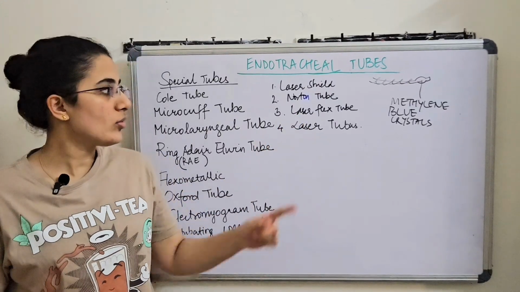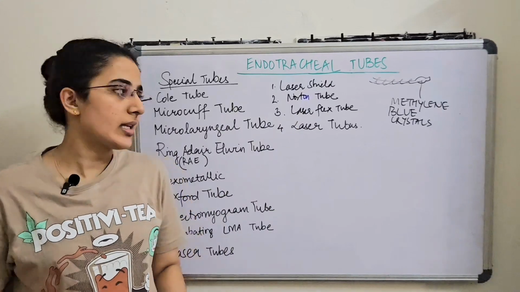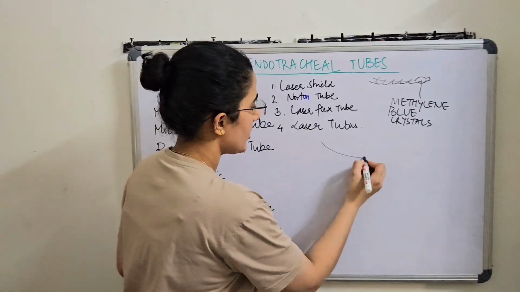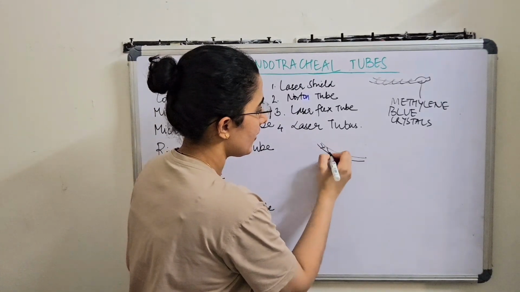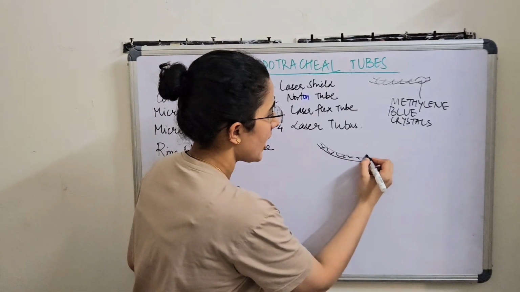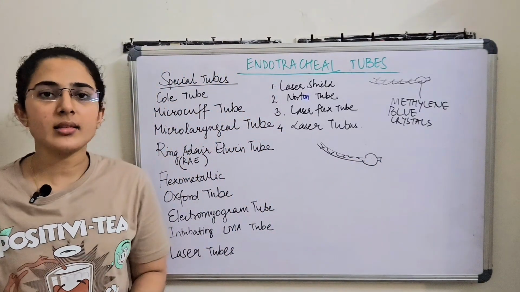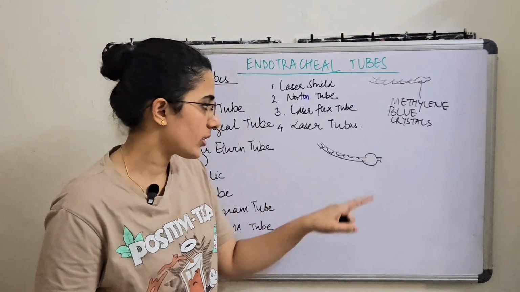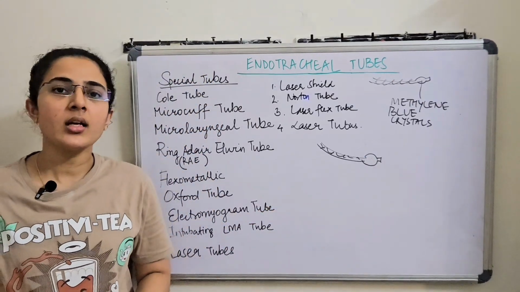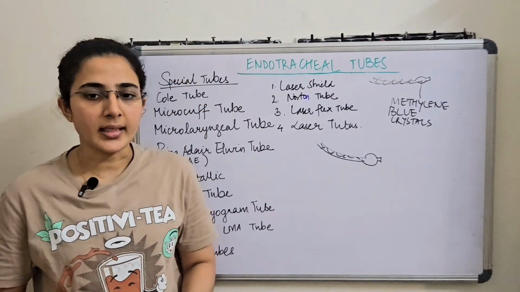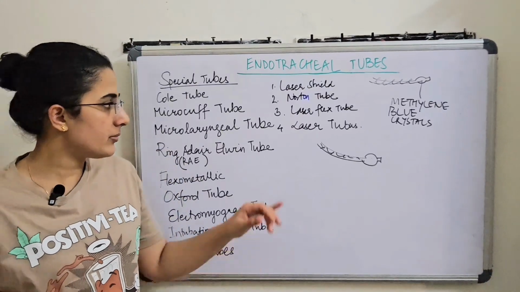The laser flex tube is made up of stainless steel, with a rugged appearance and a cuff that contains methylene blue crystals, and we inflate it with water or normal saline.